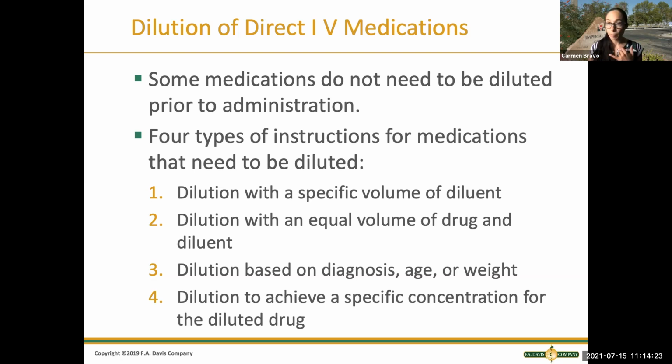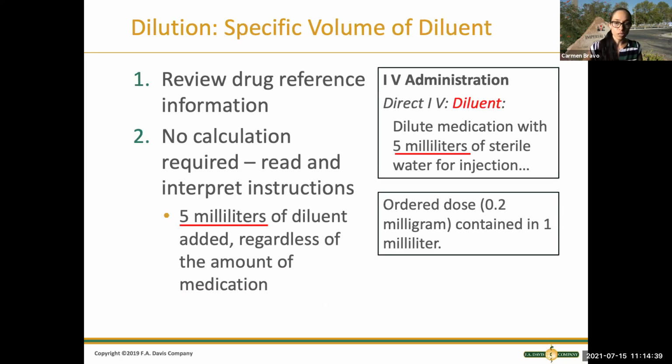The elderly and pediatric populations always have specific instructions that you can follow. And then there's achieving a specific concentration of the medication. So it depends on the instructions. Like I told you, always check the drug literature and see what it's telling you to do.